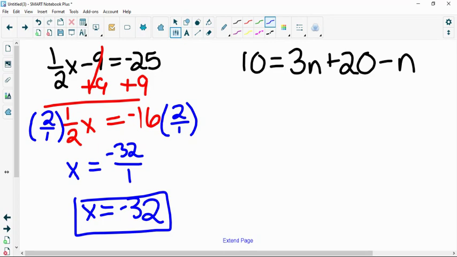On the right, we need to simplify before we can solve. One thing I want to point out is that the equation ends with a negative n. Well, that's a negative 1n.